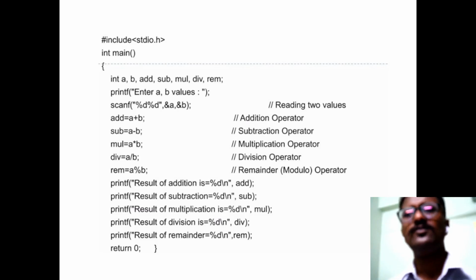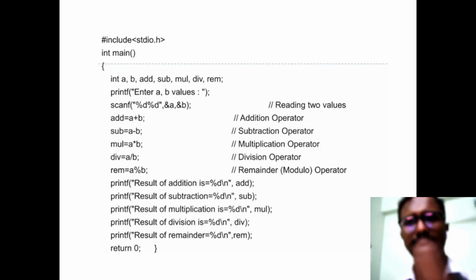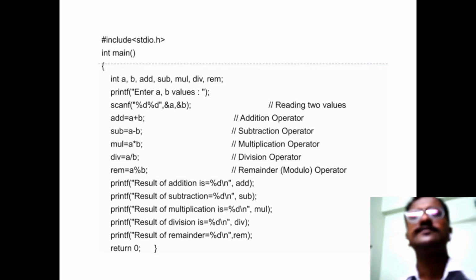Now we are going to see the calculation and how it happens. For add, what will you give? a plus b. For subtraction, subtract b from a; whichever value is higher, you have to do the subtraction that way. For multiplication, you use a asterisk b.